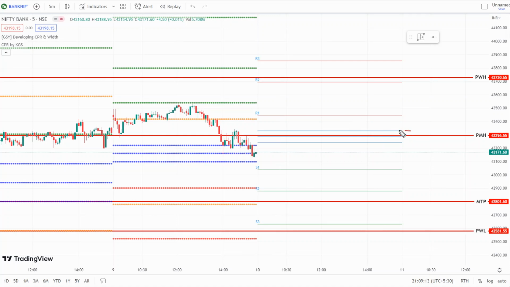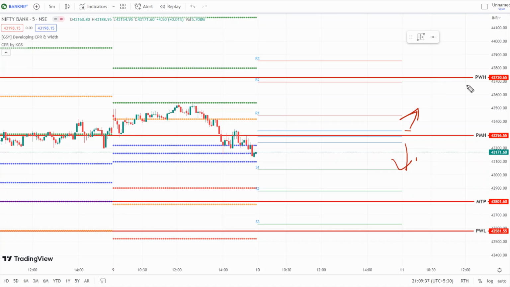If the candles are above 43,330, then only you can see positiveness in Bank Nifty. But if the candles break 43,300 and go below 43,280, then you can see some kind of negativity in Bank Nifty. But there are a lot of resistances and supports in Bank Nifty.